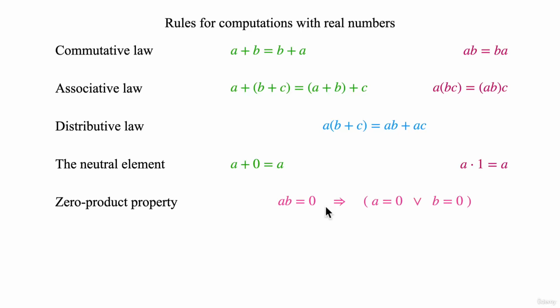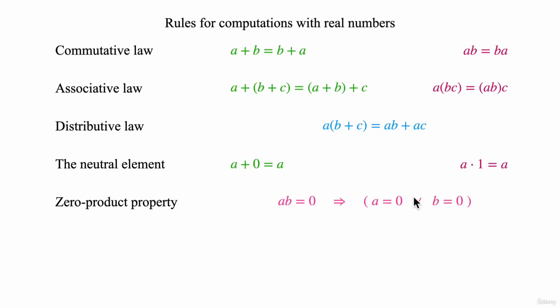The next one, the zero product property. The zero product property tells us that if a product of two numbers is equal to 0, then at least one of these numbers must be equal to 0. So the product of two or more numbers is equal to 0 only if some of the factors, some of the numbers, is equal to 0.